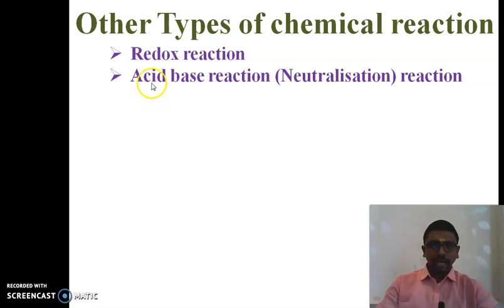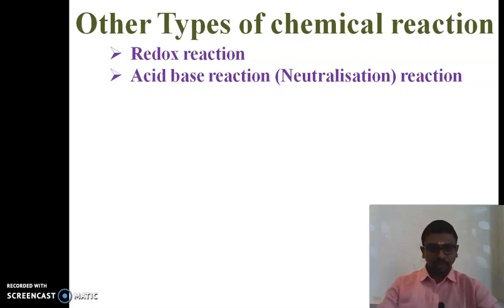And next is acid base reaction, which can also be called a neutralization reaction. Neutralization reaction means an acid and a base react and form a salt. For example, take sodium hydroxide, a base.